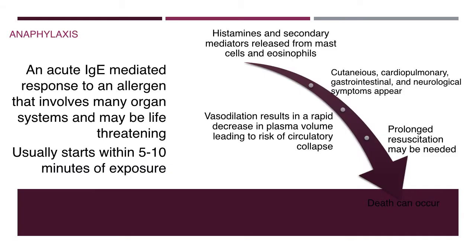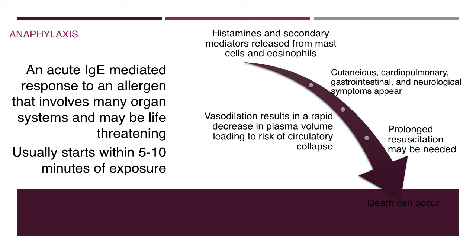So if we look at this, an acute IgE-mediated response to an allergen involves many organ systems, and it can be life-threatening. It usually starts within 5 to 10 minutes of an exposure. And so what we get is histamines and secondary mediators are released from mast cells and eosinophils. Think back to all this stuff that we learned back in patho.